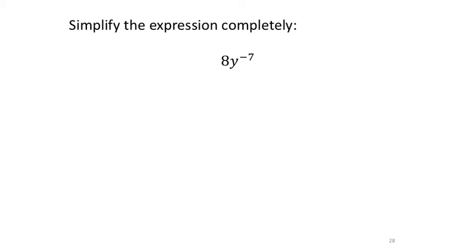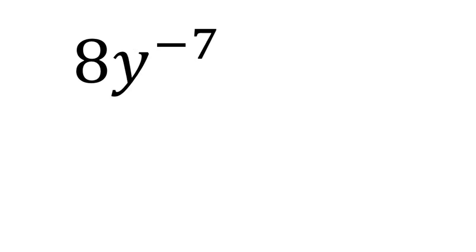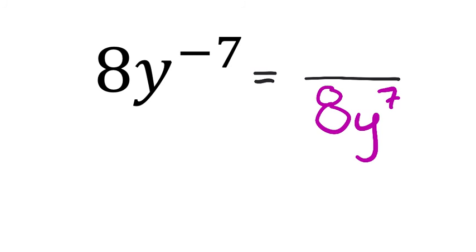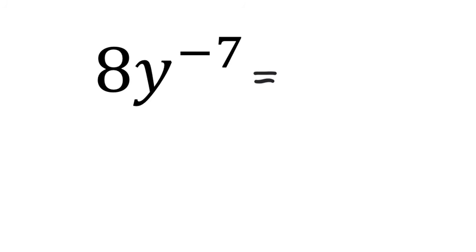All right, what about 8 times y to the power of negative 7? Now, here's a common mistake we see with a problem like this, because, again, we get kind of robotic with this stuff. Students will say 8y to the power of 7, put a 1 over it. That's pretty fancy. It's incorrect, okay? Because if we go back to the beginning here, the 8 has a power of positive 1, not negative.